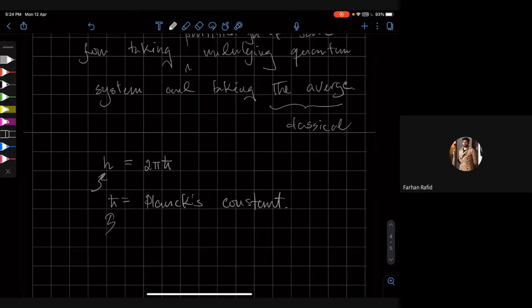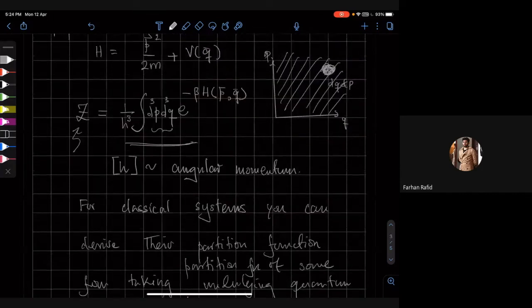Now you might say, okay, we are dealing with a classical system, but in the most central expression for this classical system, we have a quantum mechanical object playing a central role.